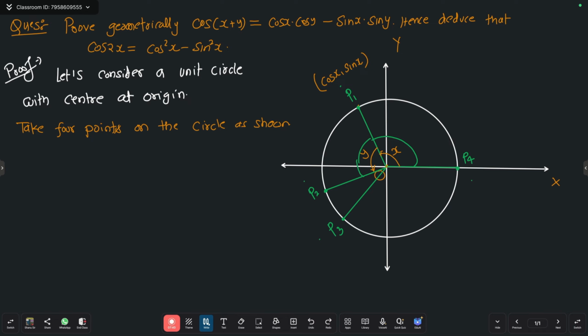From the x-axis, OP2 makes angle x plus y. So the coordinate of P2 will be cos x plus y comma sin x plus y. So P1 coordinate is cos x comma sin x, and the coordinate of P2 is cos x plus y comma sin x plus y.